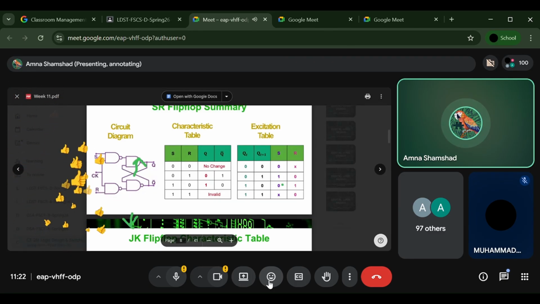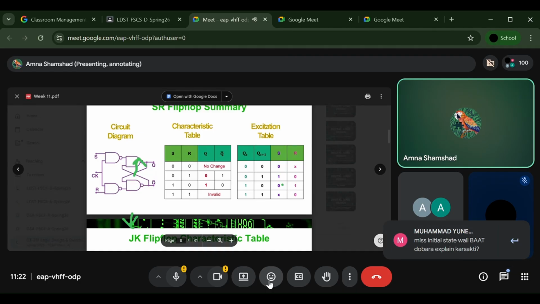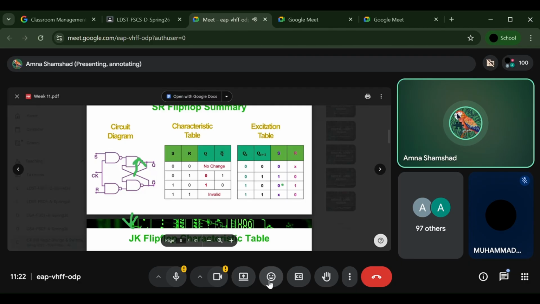I will share these 2 things, the synchronous and asynchronous document and these slides, later on, after the class. You have to draw these 4 diagrams in your copies, and then you have to verify these characteristic tables.